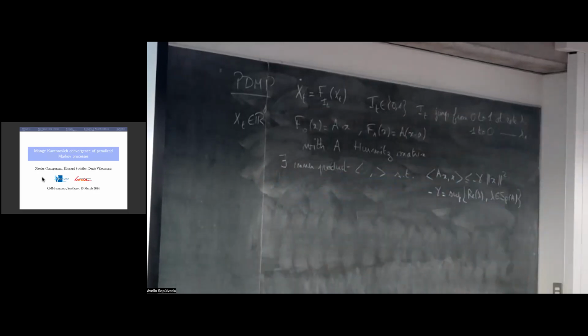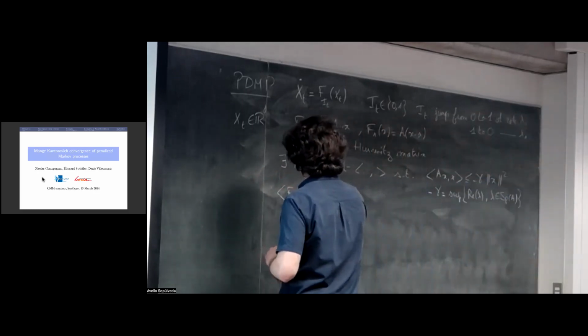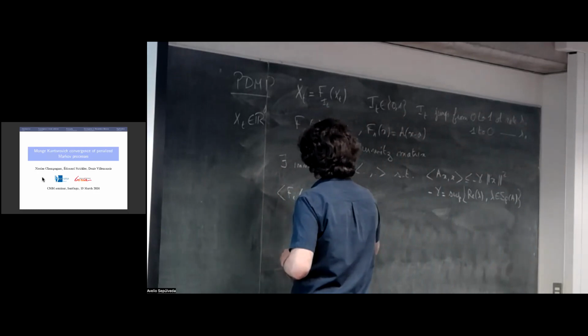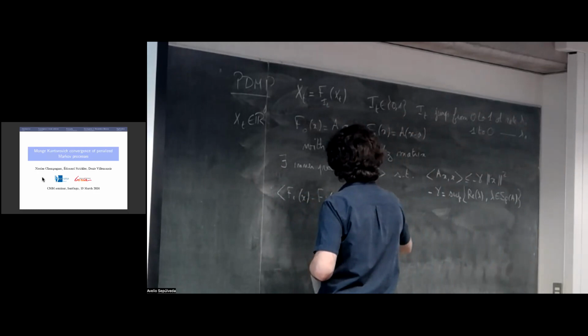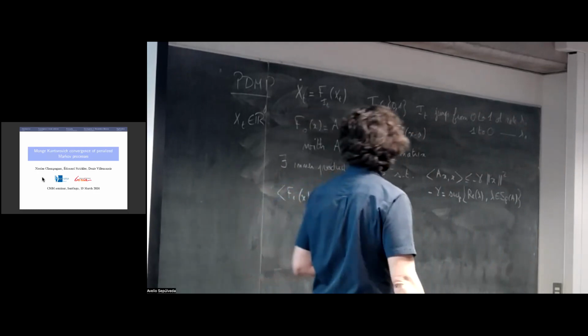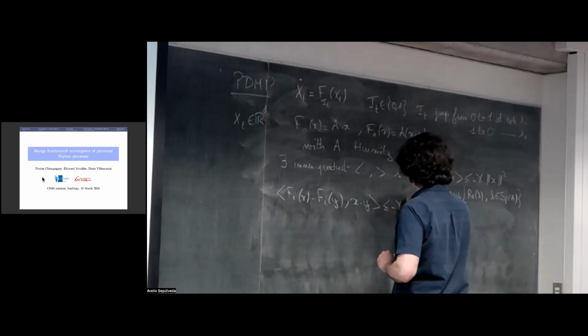So simply, if you consider one of the two vector fields, if you compute f_i of x minus f_i of y with inner product with x minus y, then it's smaller than minus gamma |x minus y| squared.